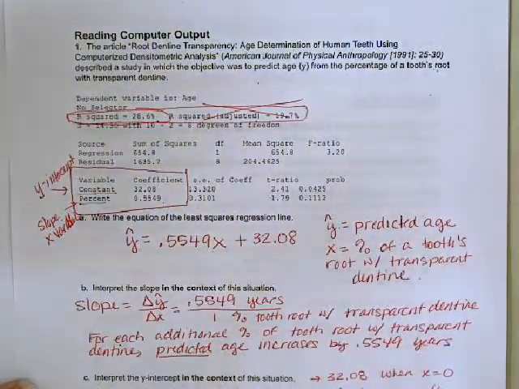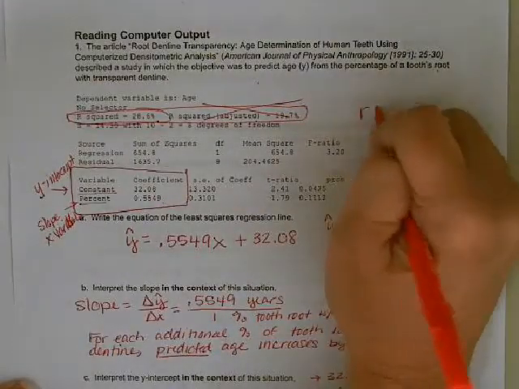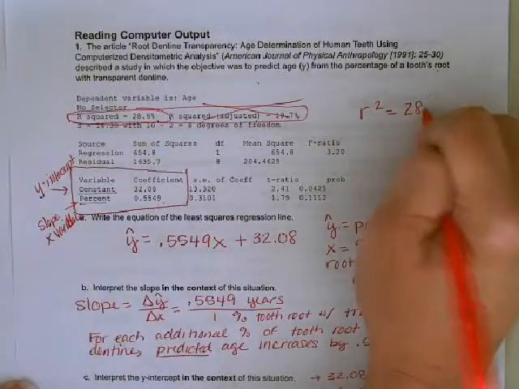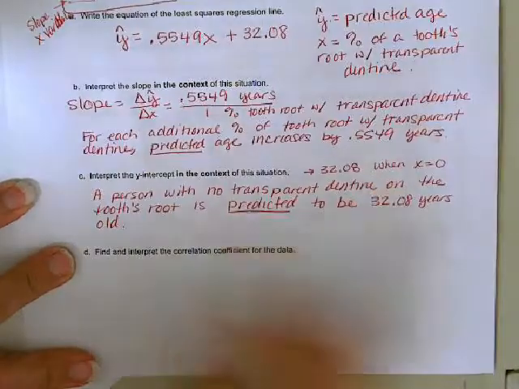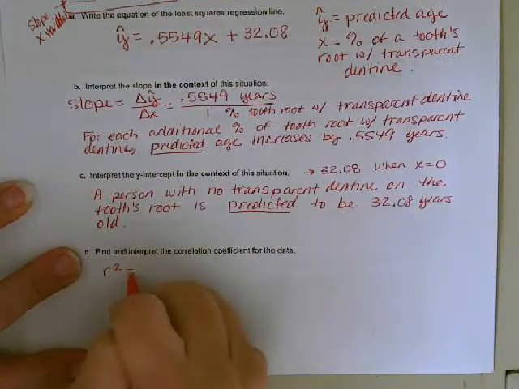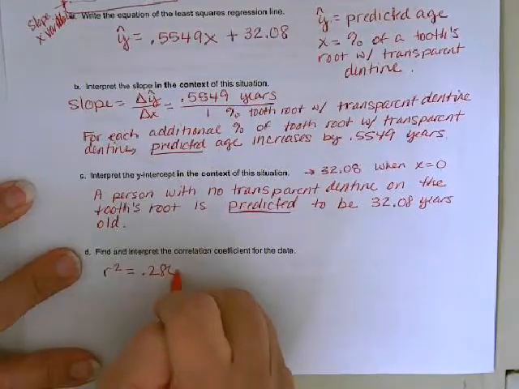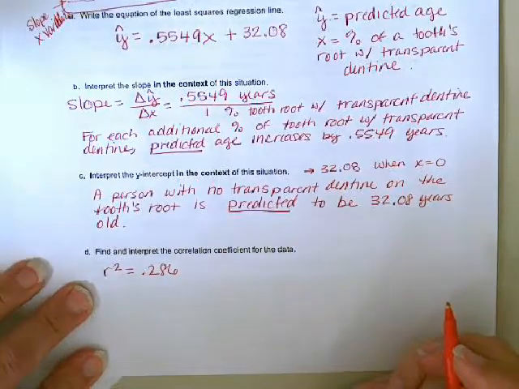So if R squared is 28.6%, we're going to come back down here and we're going to say, well, R squared is 0.286 because R squared for us is a number between 0 and 1.